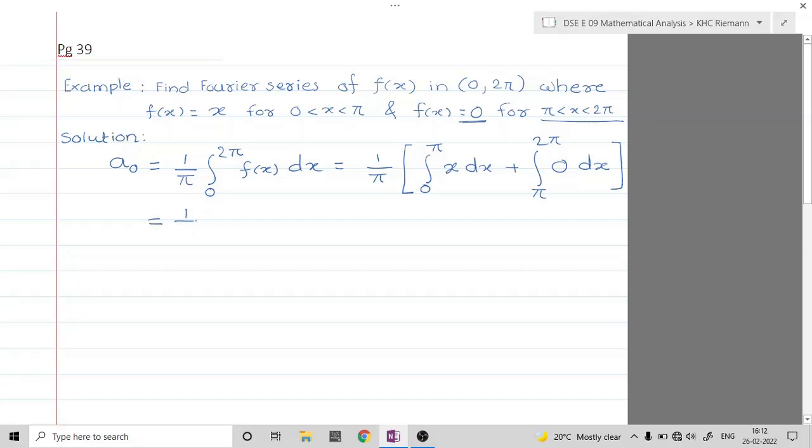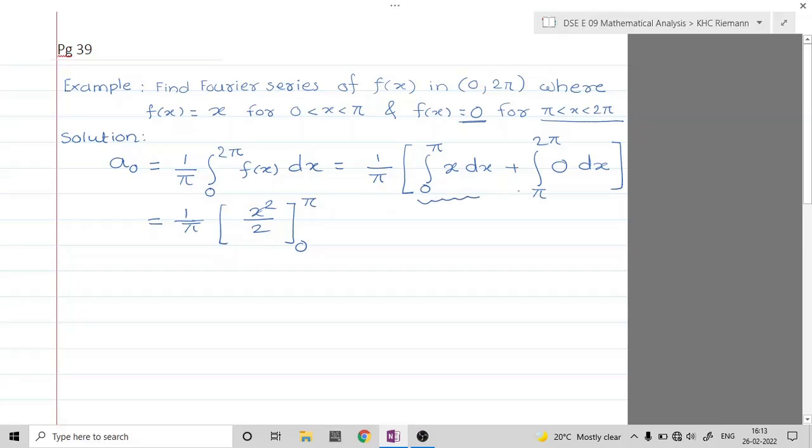Now just evaluate those integrals. Obviously integration of 0 is 0, so no need to consider the second integral, only evaluate the first part, integration of x. Integration of x is x square by 2, and the lower limit is 0, upper limit is pi.